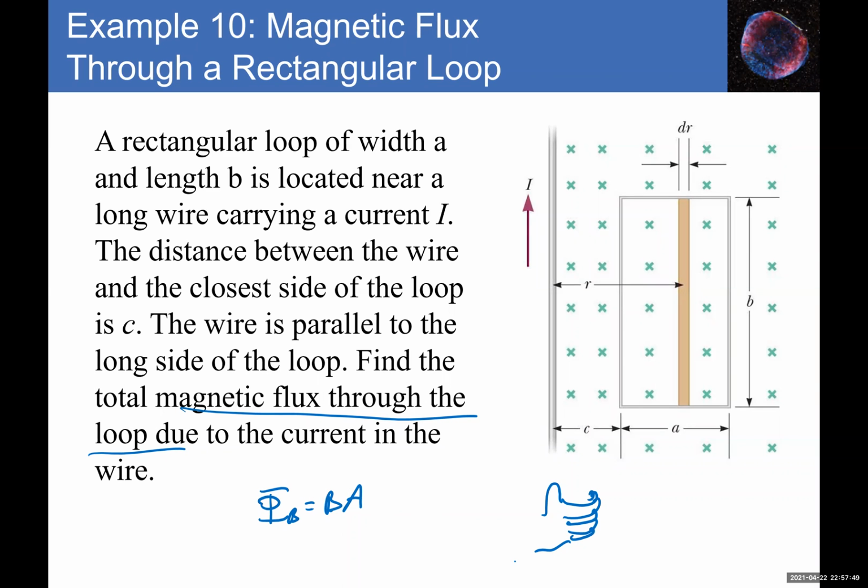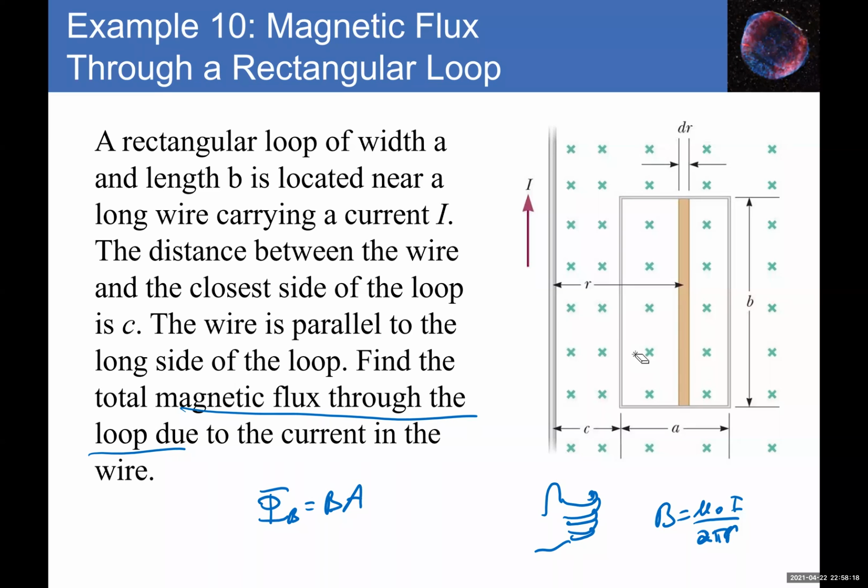But one thing we know is that the magnetic field is mu naught I over 2 pi r, due to the straight wire. That means this magnetic field is stronger than that magnetic field, so the magnetic field is not uniform inside the loop. That means we need to integrate in order to get the total flux.